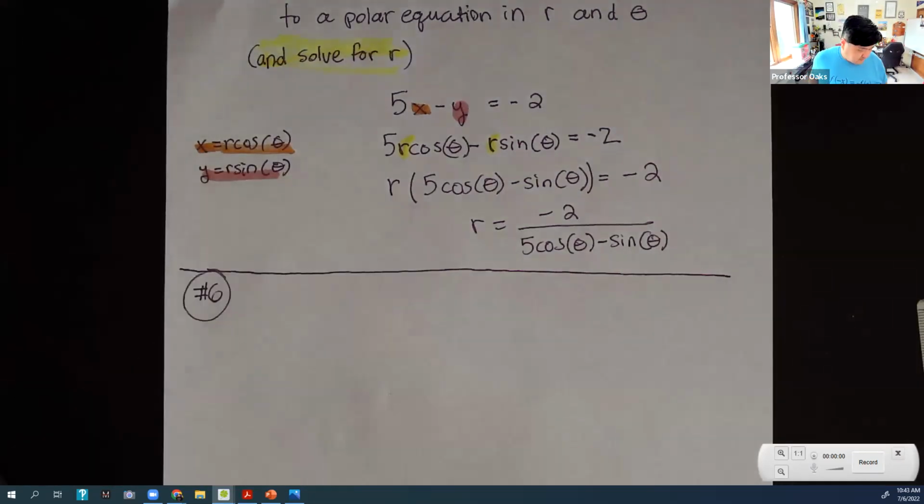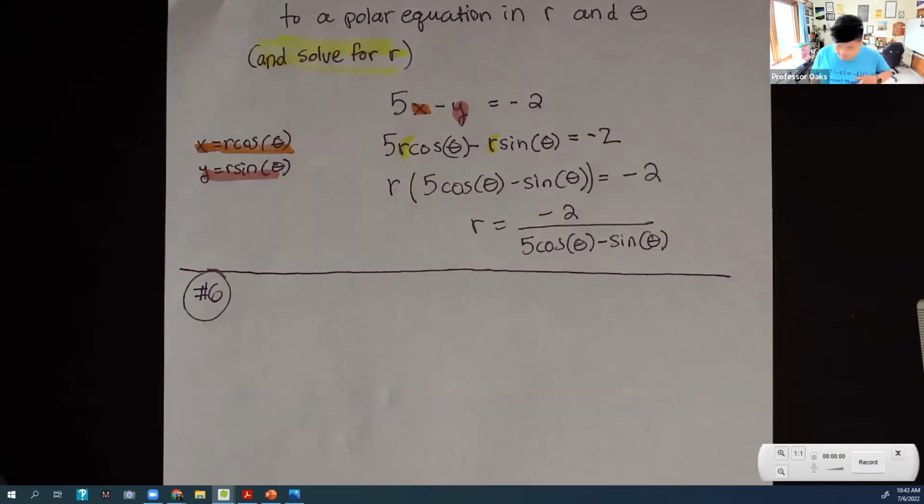This is important because right now it's just rectangular and polar coordinates, but in calculus you'll have cylindrical coordinates and spherical coordinates and things like that.